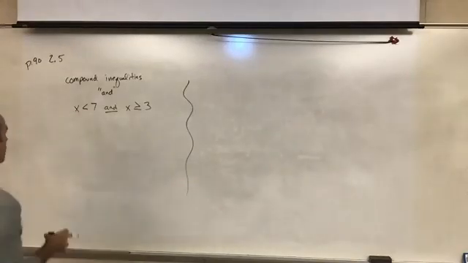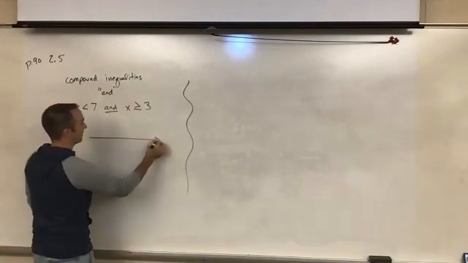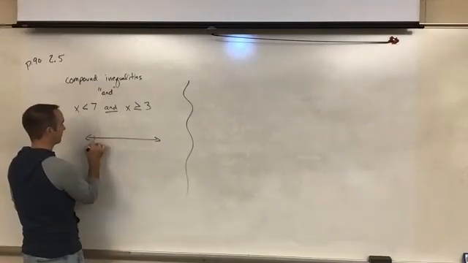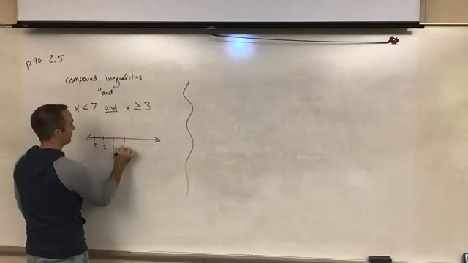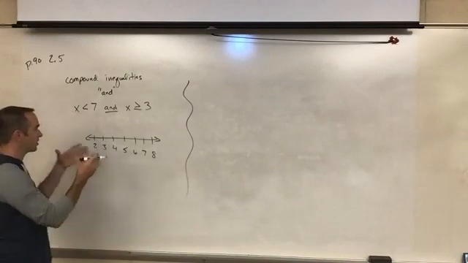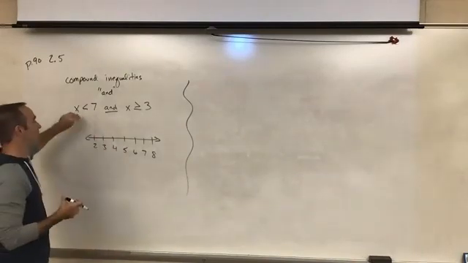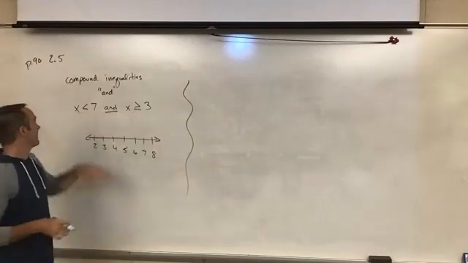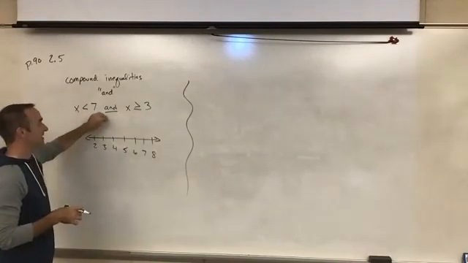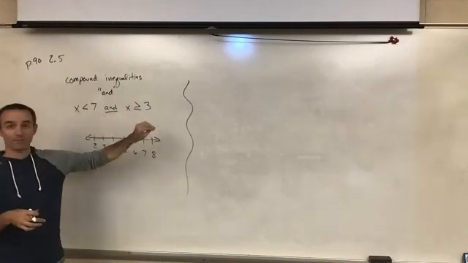Let's think about what this compound inequality actually means in terms of a number line. If I throw a bunch of numbers on this number line, let's think about what numbers would actually be a solution here. Because that word AND means that both of them have to be true. X has to be less than 7 and it has to be greater than or equal to 3. So it has to satisfy both of them.